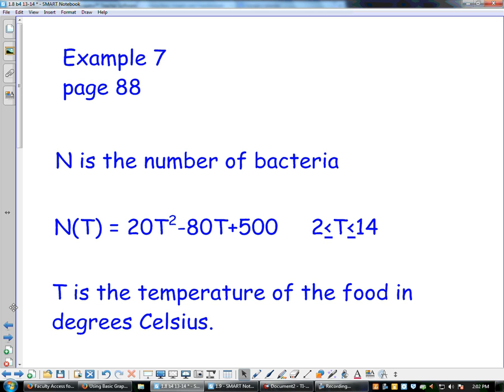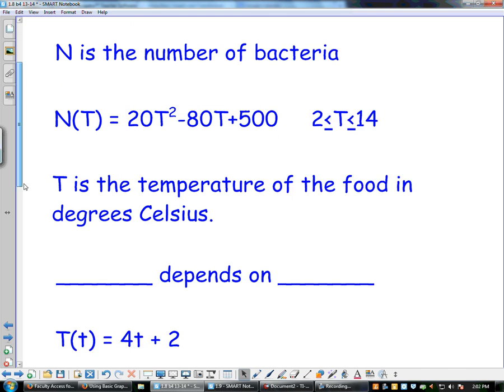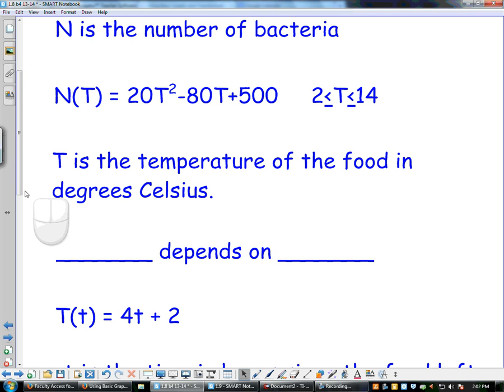When the food is removed from refrigeration, the temperature of the food is given by capital T of t, which is here, and that is 4t plus 2, where t is between 0 and 3, and lowercase t is the time in hours. So you are supposed to find the composition n of capital T of t and interpret its meaning in context, and then find the time when the bacterial count reaches 2,000. So yes, we are discussing how bacteria grows in food if it's left out of refrigeration.